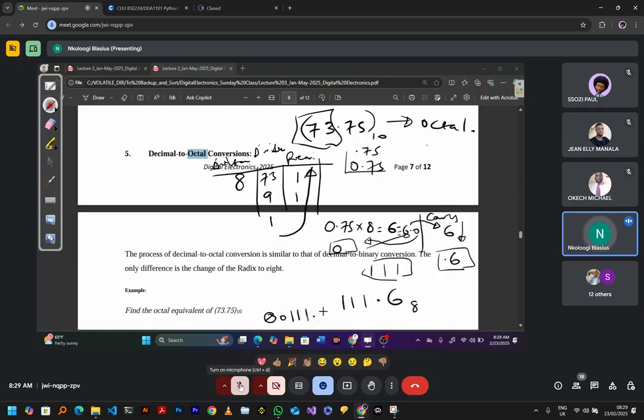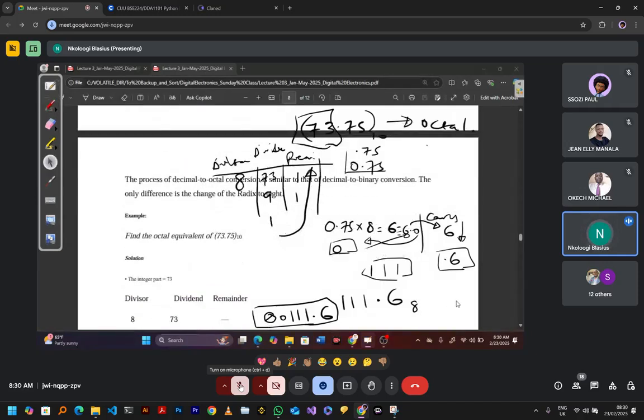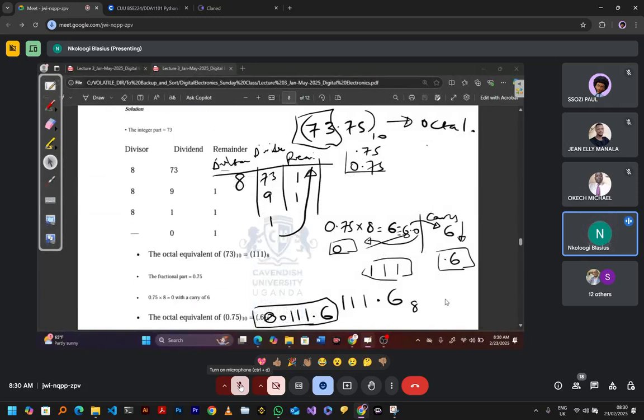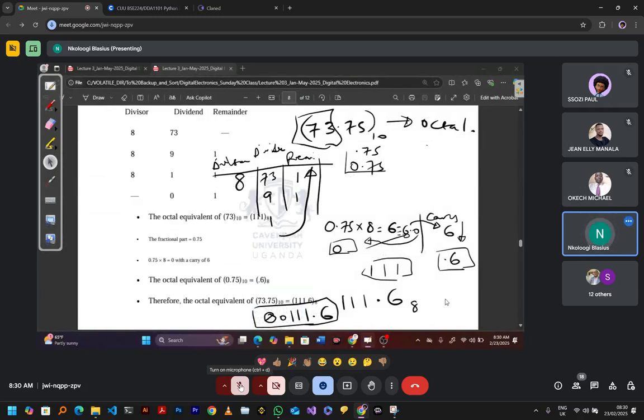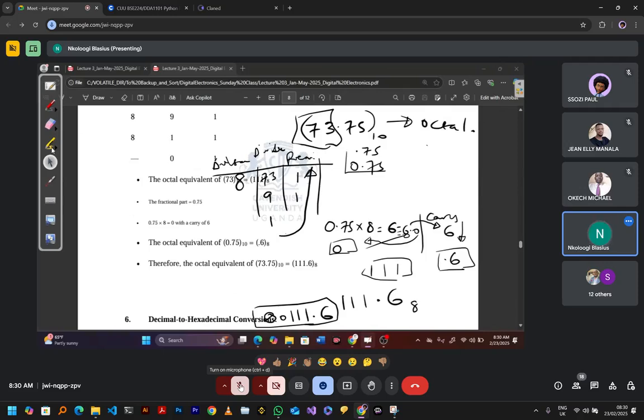As a computer scientist, I would just know this is base 8. Okay, so you can compare the answer. The answer is this, which is not different.